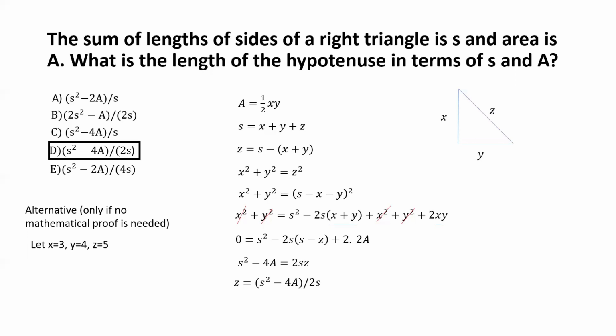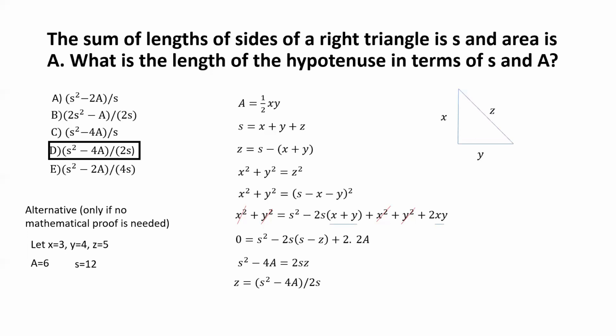So the sum of the lengths of the sides, the area, and everything else will be very simple to calculate, right? So what will be the area of this triangle? It's simply 6. It's half x multiplied by y, so that gives 6. And then the sum of the lengths of the sides will be 12.